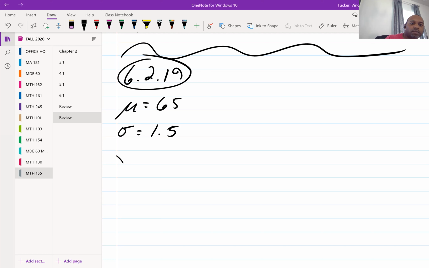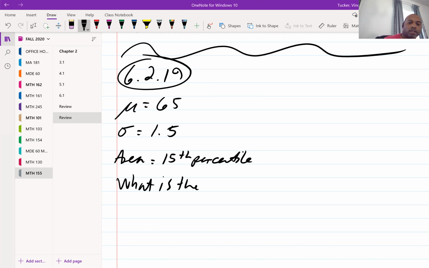And then we have the area that lets us know it is the 15th percentile. All right, we'll see if there's anything else. And the question is, what is the height?